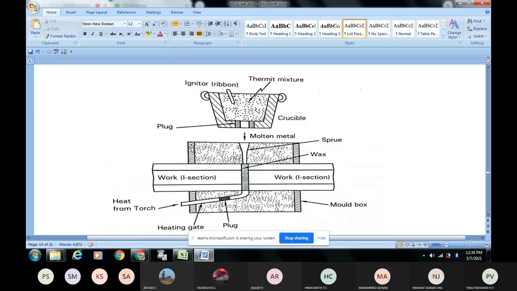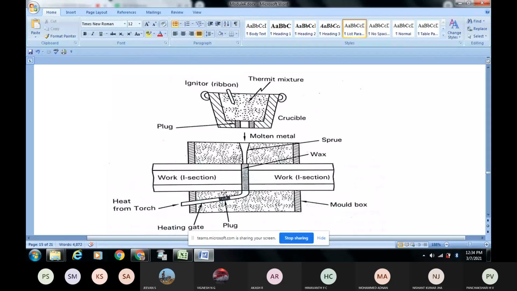Now, what we have done to join these two parts is make a mold cavity. There is molding sand, everything. Earlier, you recall from the first chapter, that molding sand is placed here. A box is constructed so that we have filled the molding sand around this crack, around this breakage.